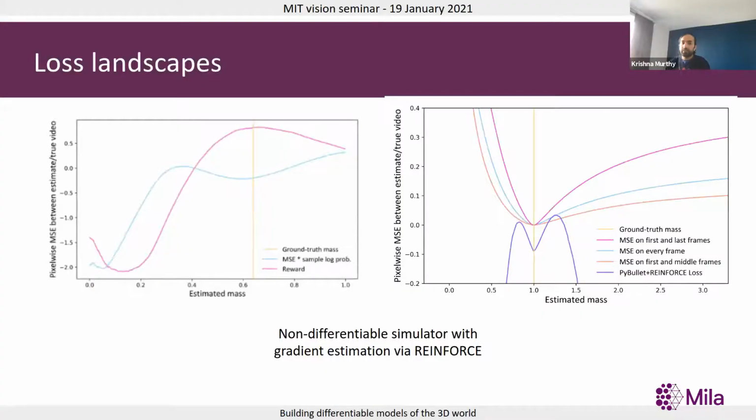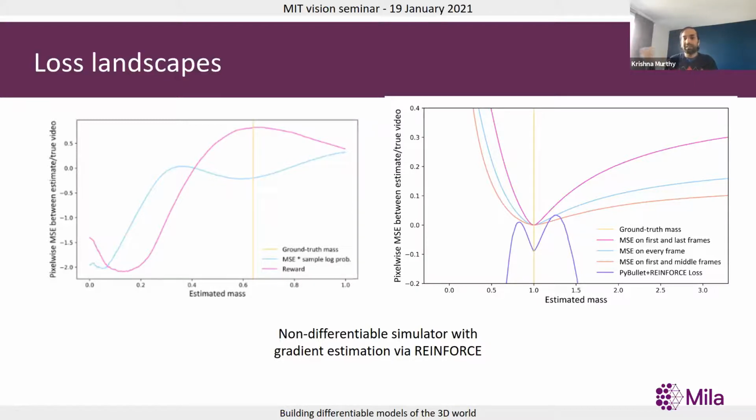One comparison that we did was, what if you take a non-differentiable simulator and just apply gradient estimation to it? That's a naive way of making any simulator differentiable. But we found it was quite tricky to even do mass estimation.